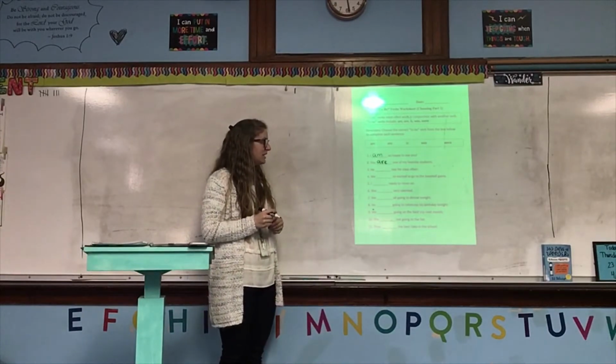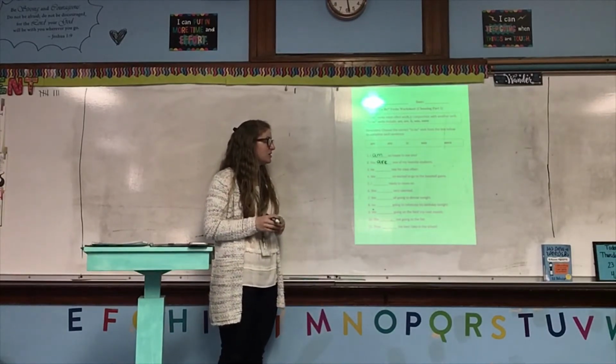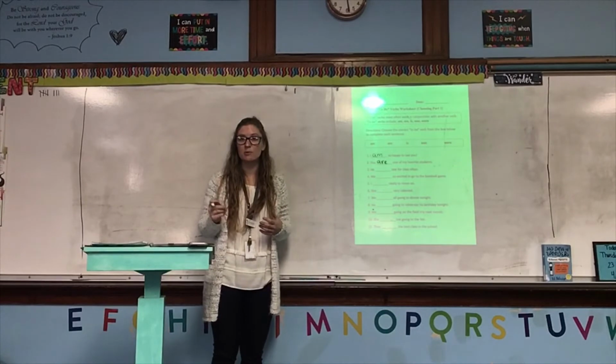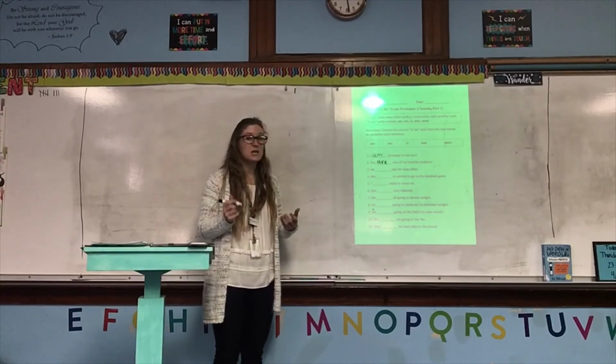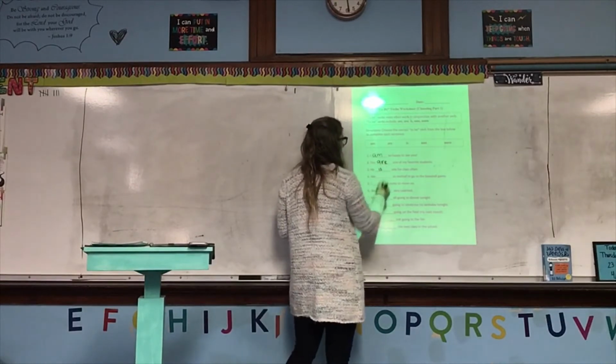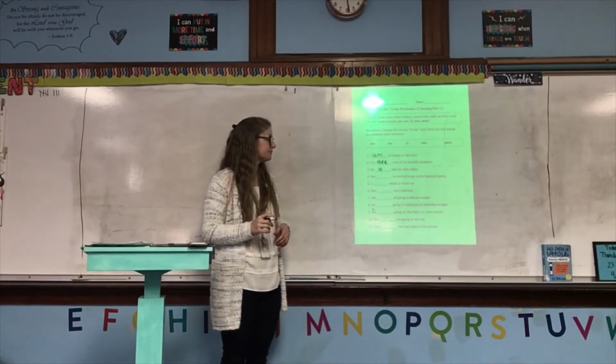Number 3, he blank late for class often. We either need to use is or was. This looks like something that happens over and over again, which remember when that happens, we use the present tense form. So we could say he is late for class often.